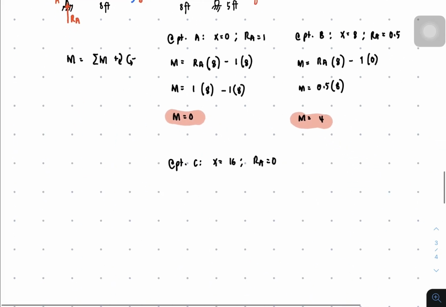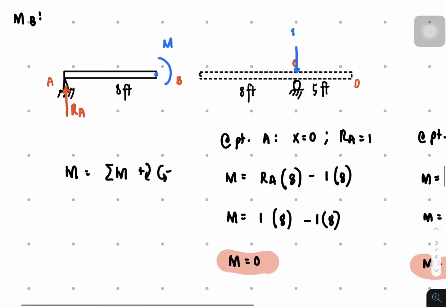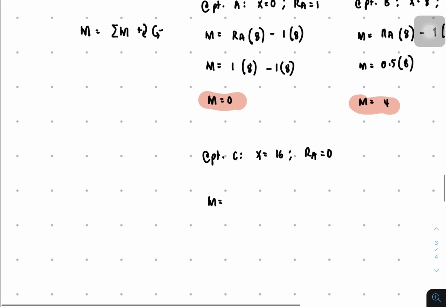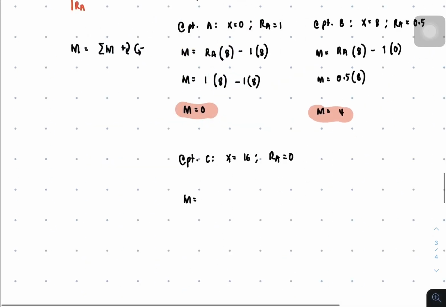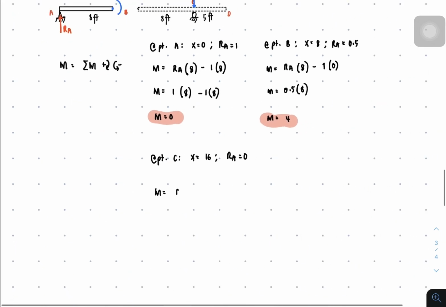So same equation, but the 1 unit load is now at point C, and it's no longer part of the section. So the equation will only include RA times 8, but RA is 0, so it's 0 times 8, so M is 0 there.